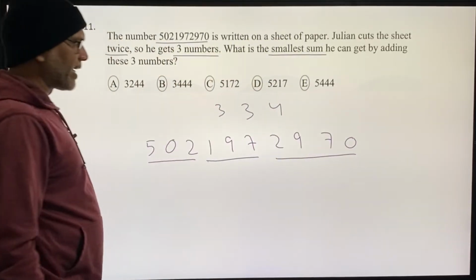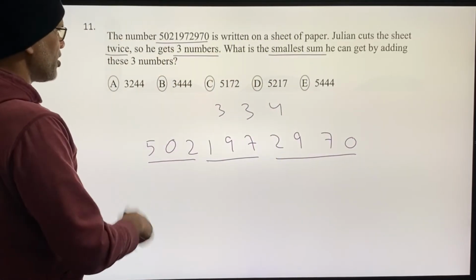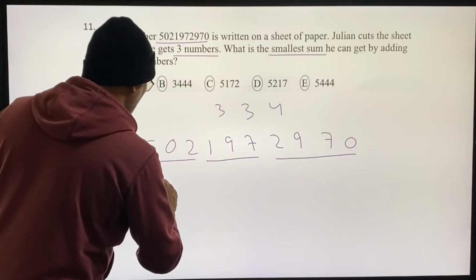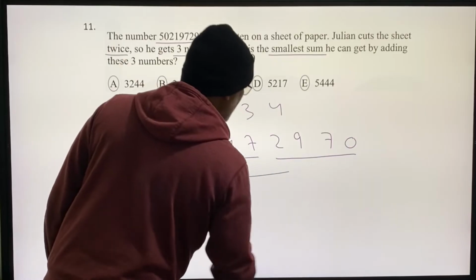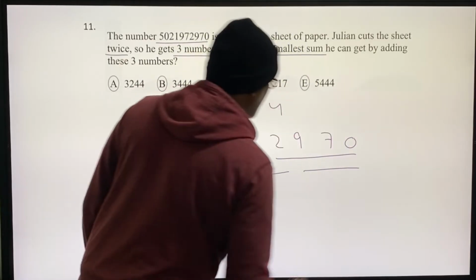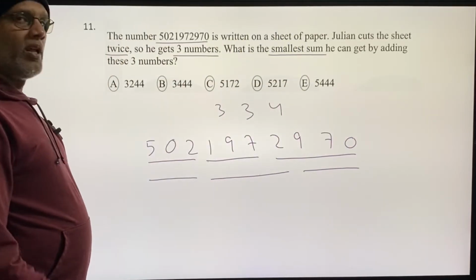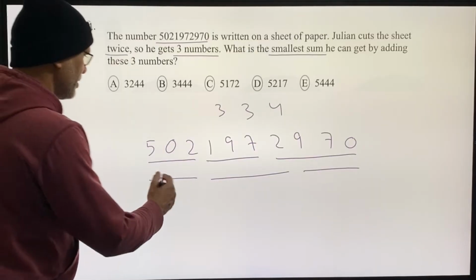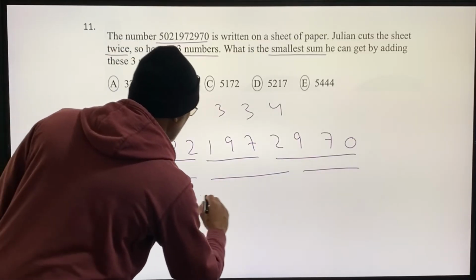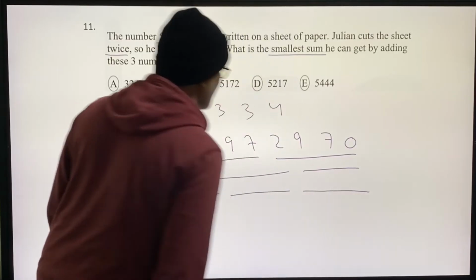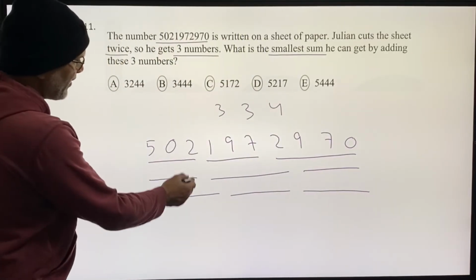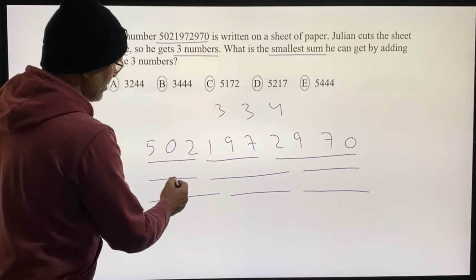So this is one way I can cut, right? The other way I can cut is 3, and then 4 here, and then 3, right? The other way I can cut is 4 here, and then 3 here, and then 3 here, right? So I have roughly aligned where I'm cutting, right?